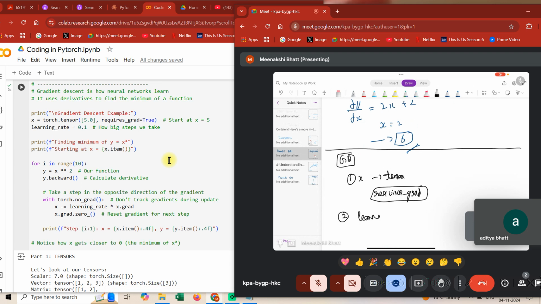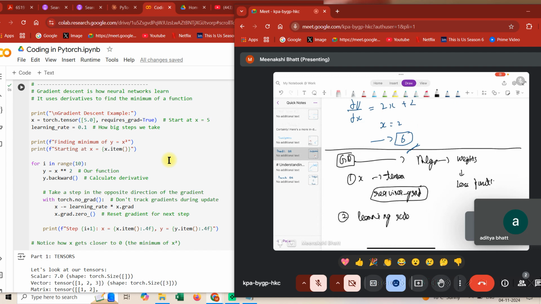Why do we need the learning rate? So guys, see, what is gradient descent? Gradient descent is nothing but an algorithm that helps me find the optimal value of weights whenever I wish to optimize any loss function.